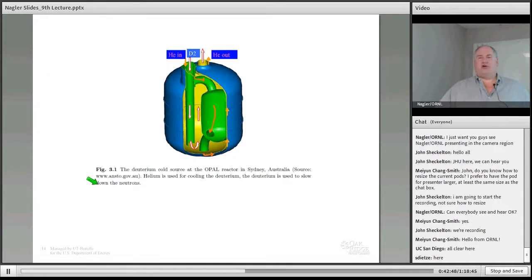Now the neutrons that are slowed down by moderation in a regular swimming pool reactor, you just have water and they're thermal, they're at whatever room temperature is, but we sometimes want to shape the spectrum further. So typically we would use some other hydrogenous material at a different temperature. For example, here's a picture of a neutron moderator that's sitting in the reactor Opal, which is used at ANSTO in Australia. It's a fairly new reactor.